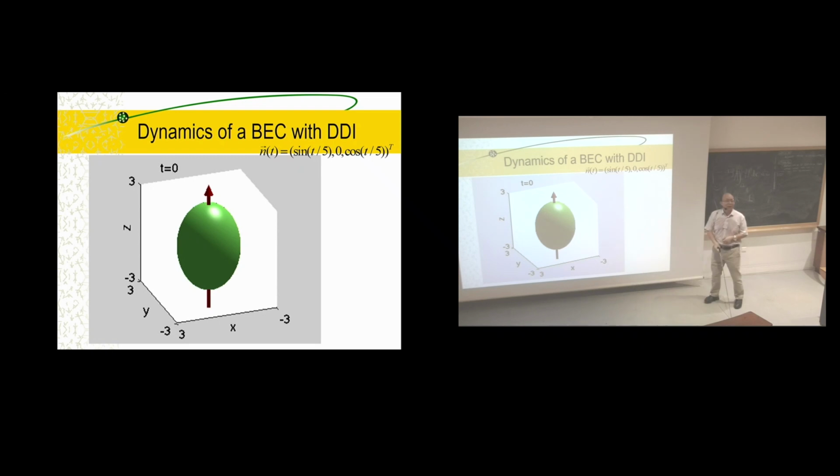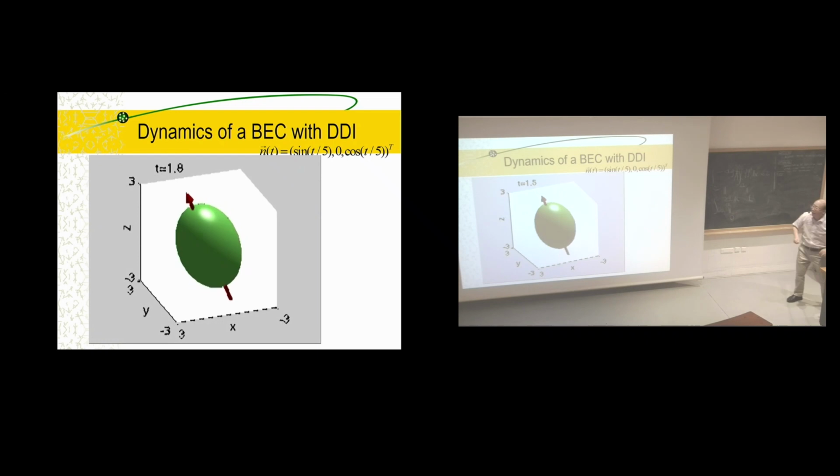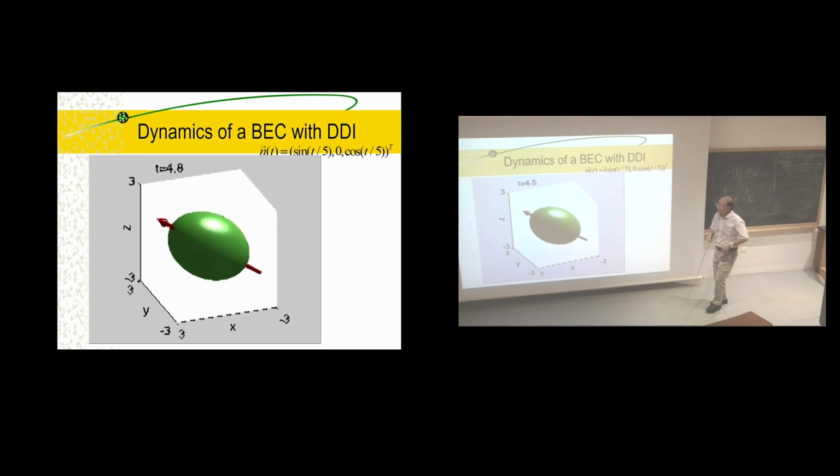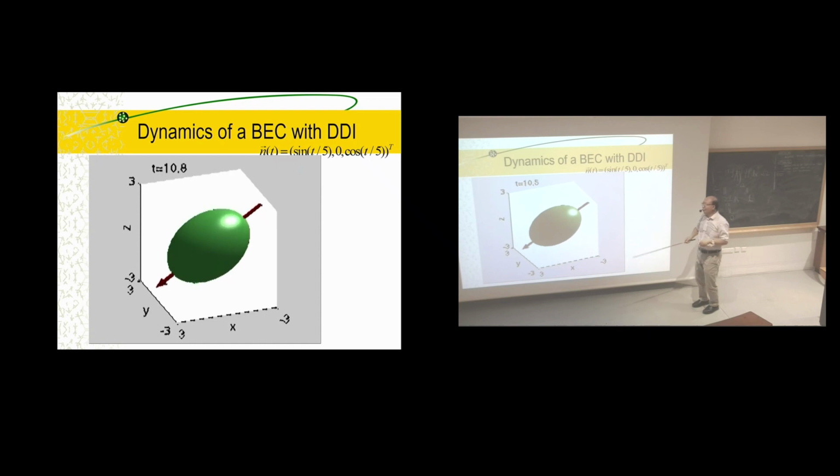Then at t equals 0, I let my n(t) change, chosen as sine t over 5, 0, cosine t over 5. I see dynamics. You will see the solution looks like the following. It seems the density has almost no change during the dynamics. They follow the dipole orientation.